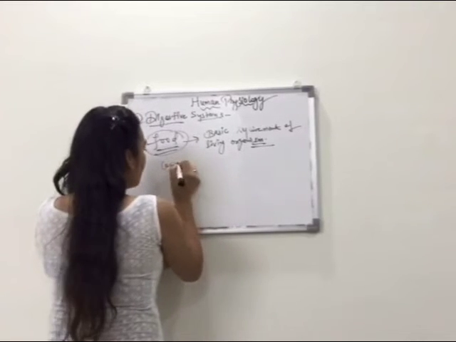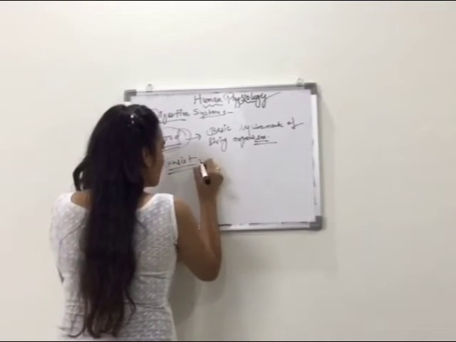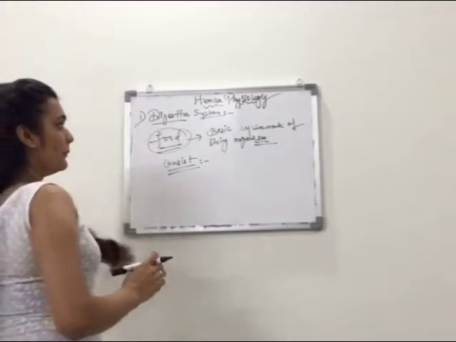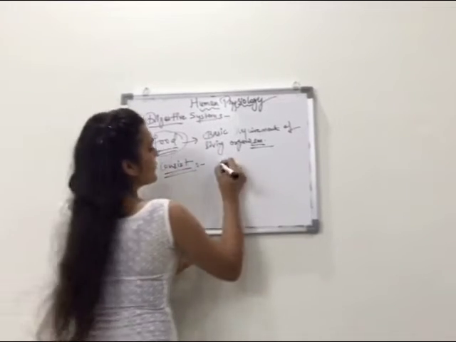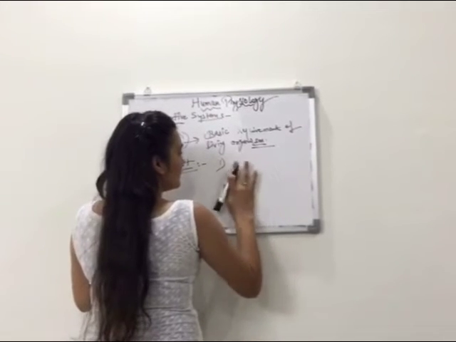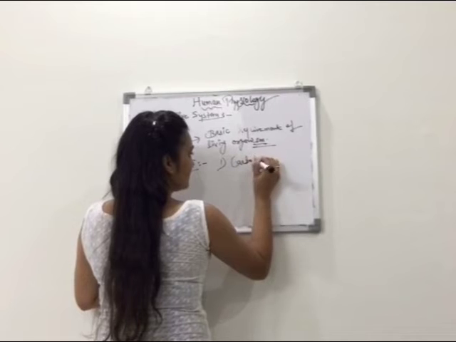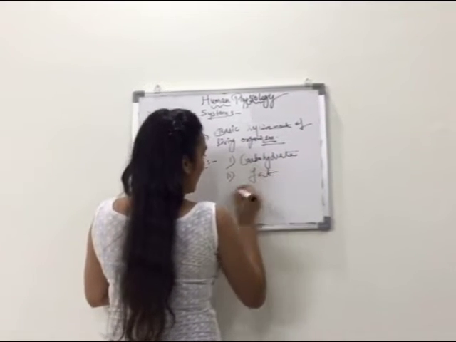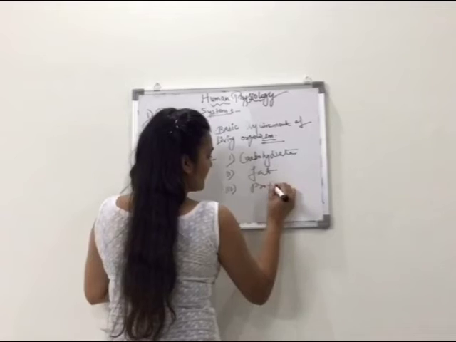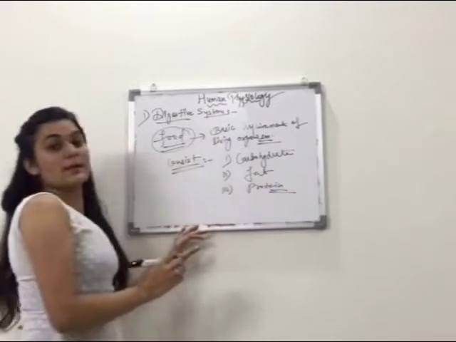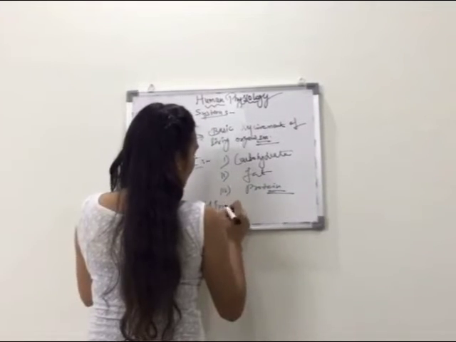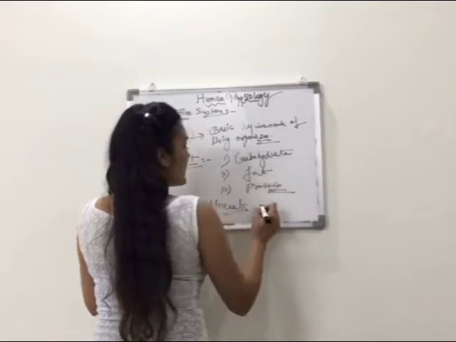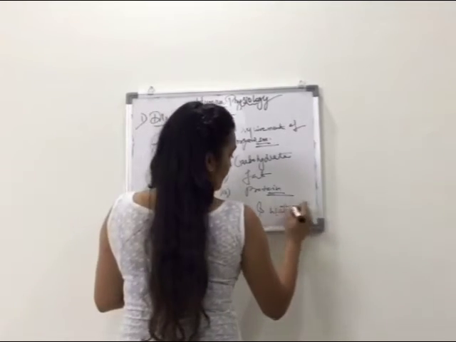Food consists of some materials: the first one is carbohydrate, the second is fat, and then proteins. Other than these, we have minerals and water.